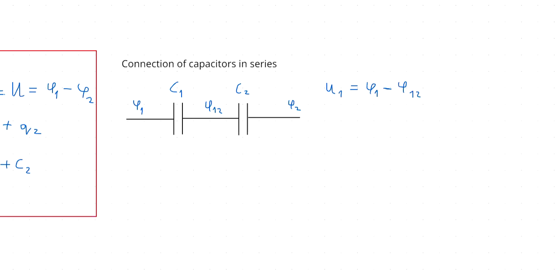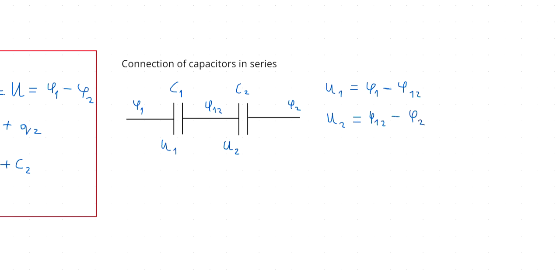Here we have U1, and here we have U2, and U2 is equal to phi 1,2 minus phi 2.